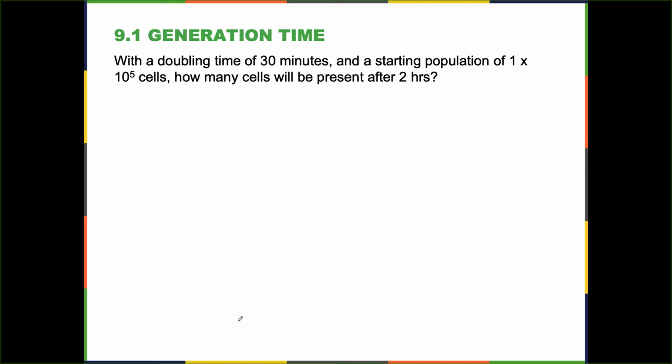So let's do it this way. This is how I like to start these types of problems. I like to write down my knowns. So we have a doubling time, a G of 30 minutes. And then we have our starting population, that's our N0, N0 equals 1 times 10 to the 5.